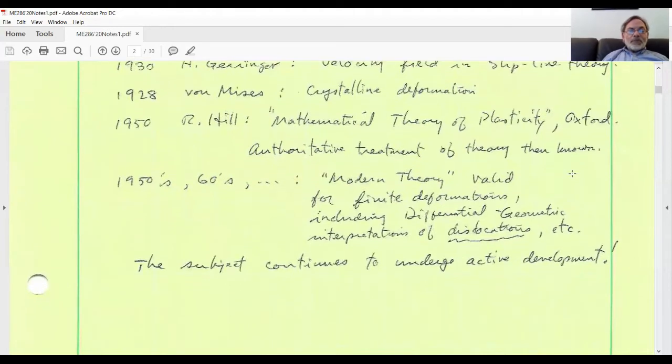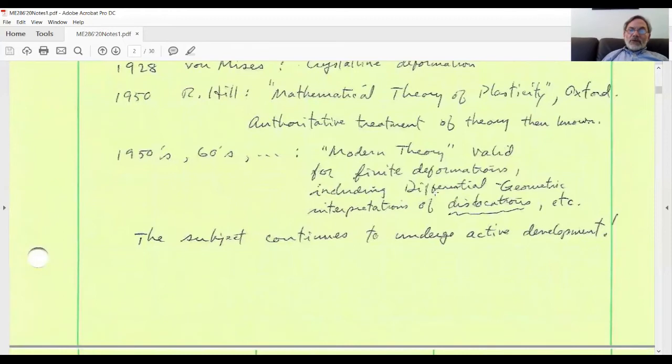With the reinvigoration of continuum mechanics in general in the mid 20th century, in the post-World War II period, in the 1950s and 1960s, this saw the very extensive development of what we would call the modern theory of plasticity valid for finite deformations, including many beautiful developments coming from differential geometry and tensor analysis, rather advanced ideas that are similar in many ways to the methods used by Einstein in developing the theory of gravitation, relativity theory, in terms of so-called non-Euclidean spaces.